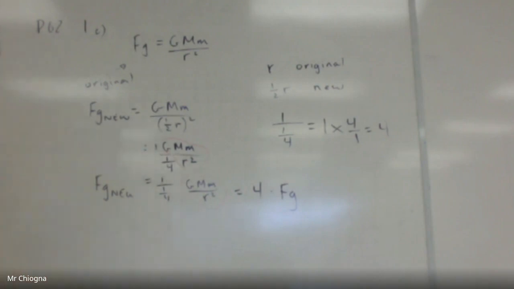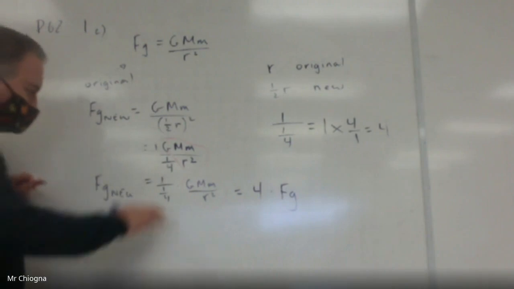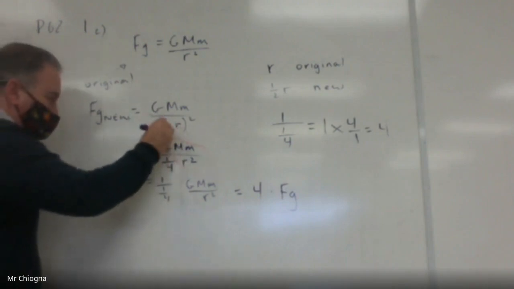D. D is very similar, except instead of a half, you've got a third. So I'm going to cheat a little. What do you think I can replace this 2 with? 3.